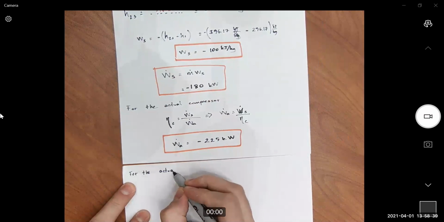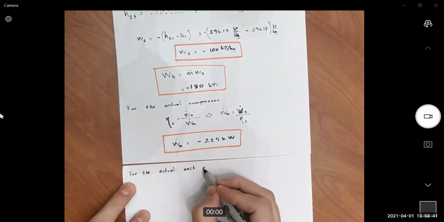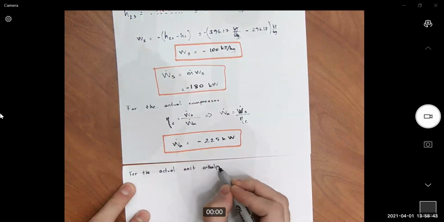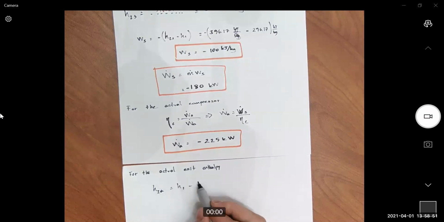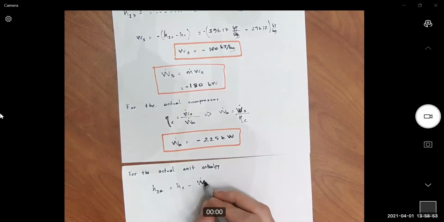For the actual exit enthalpy, right? H2A equals H1 minus actual work divided by the mass flow rate.